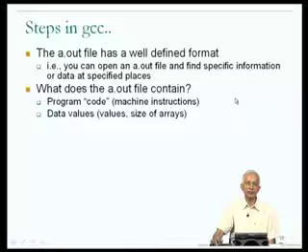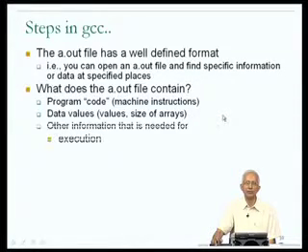In addition to this, the a.out file will contain certain data values, possibly the sizes of arrays, possibly the constants which are declared in your program, probably not the different values which your program reads in as input, because those will be available only when the program is executed, but every other piece of data would be available inside the a.out file itself. So we suspect that the a.out file will contain the machine instructions which describe the algorithm. It will contain the data values which are known prior to the execution of the program.